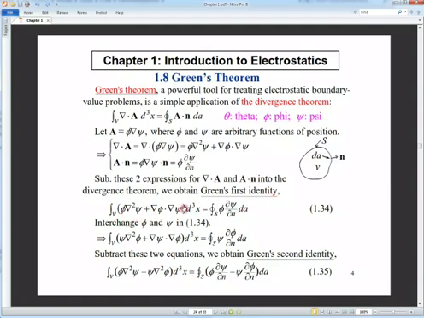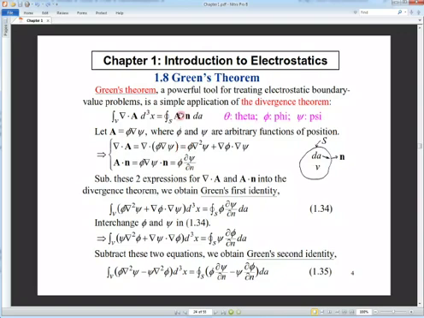We can use phi Laplacian psi plus gradient phi dot gradient psi, put these two parts instead of divergence A in this equation, so you have the left hand side in this form, and you can use A dot n by this part.